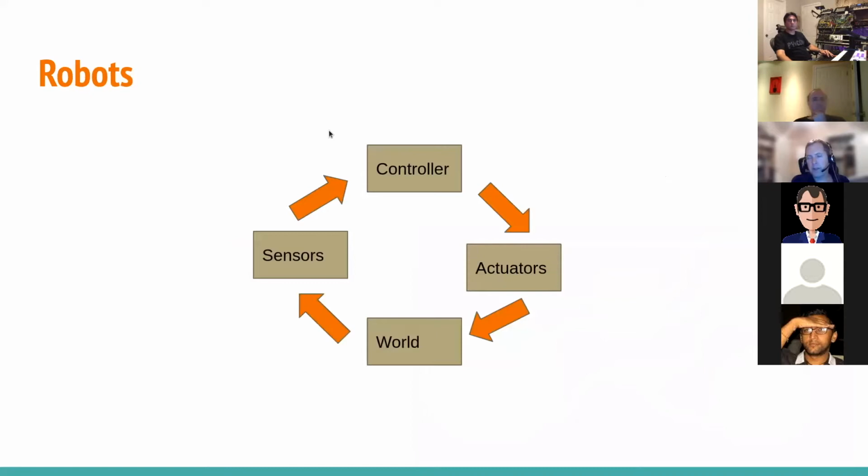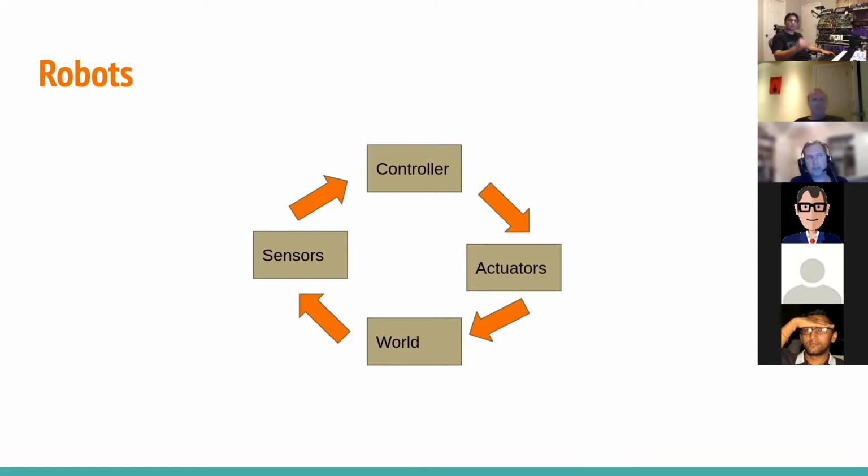Robots. Fundamentally, how are robots different from other software? I wrote this simple diagram. The controller is the main software, and the controller will sense the world. There'll be different sensors: maybe cameras, push button sensors, infrared sensors, laser scans, motor encoders, temperature, all kinds of stuff.